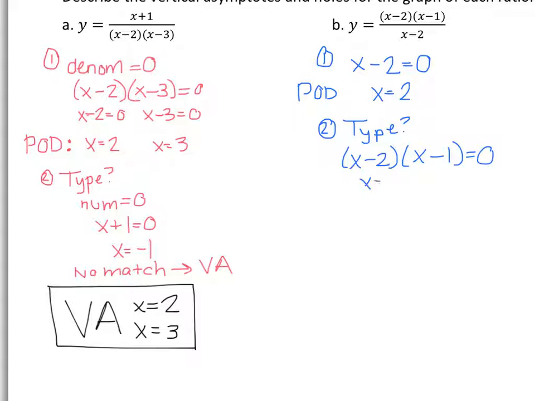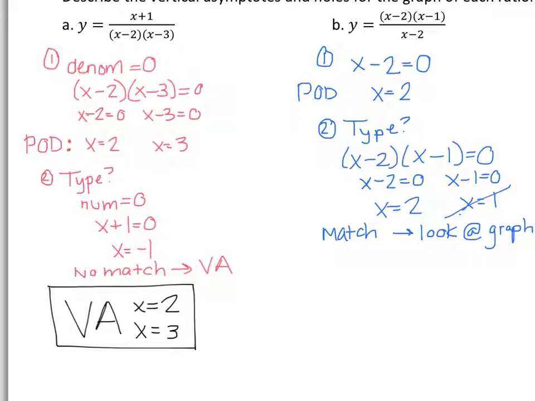Solve that. And you may be able to see what's going to happen before it actually does and save yourself some work. x equals 2 matches, and x equals 1 does not match. I don't need to worry about that one. So since it's a match, we have to look at the graph to figure out what's going on.